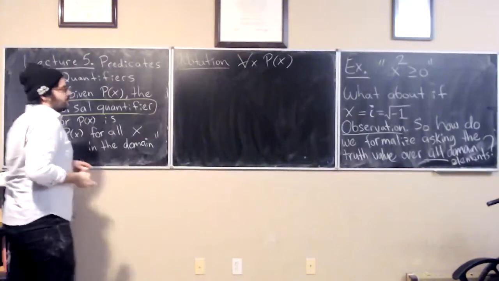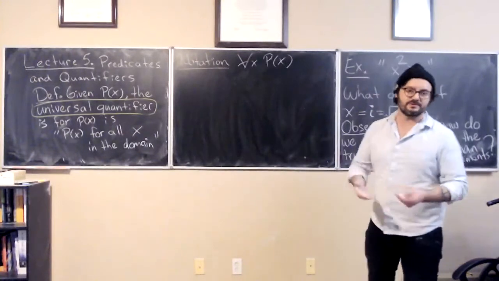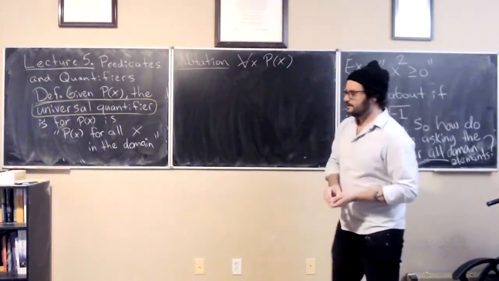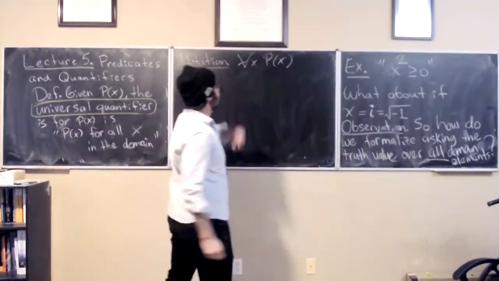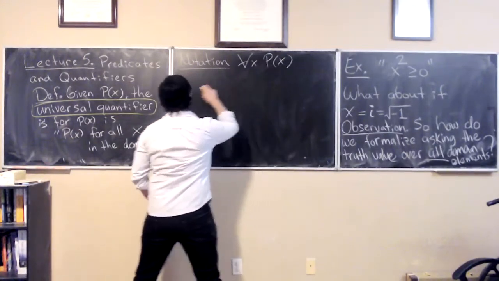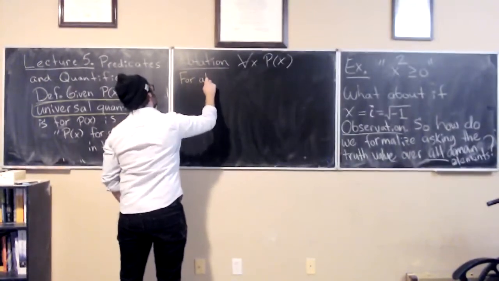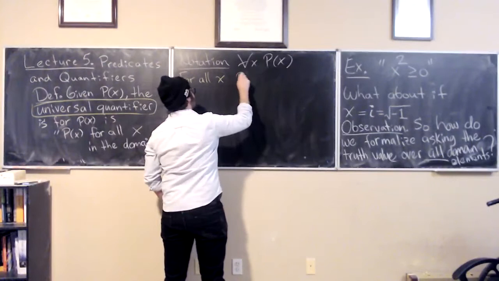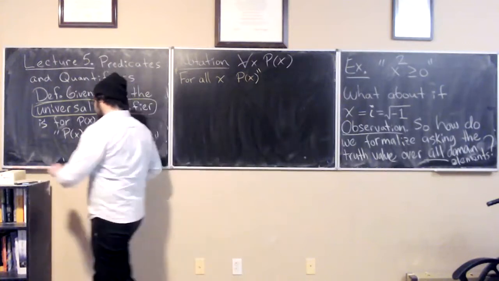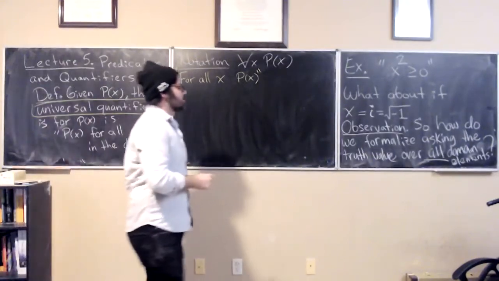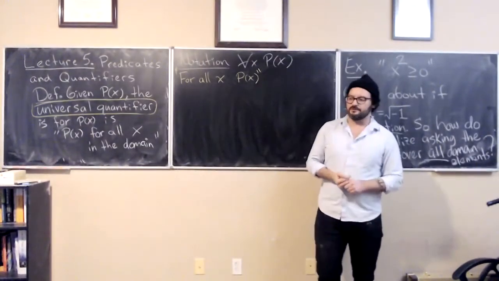By the way, propositional functions are typically denoted with capital letters instead of lowercase letters like propositions. It's a capital P. So that right there is the universal quantifier applied to P of X. And this reads for all X P of X. Okay, so this is a way of quantifying or evaluating a propositional function over an entire domain.